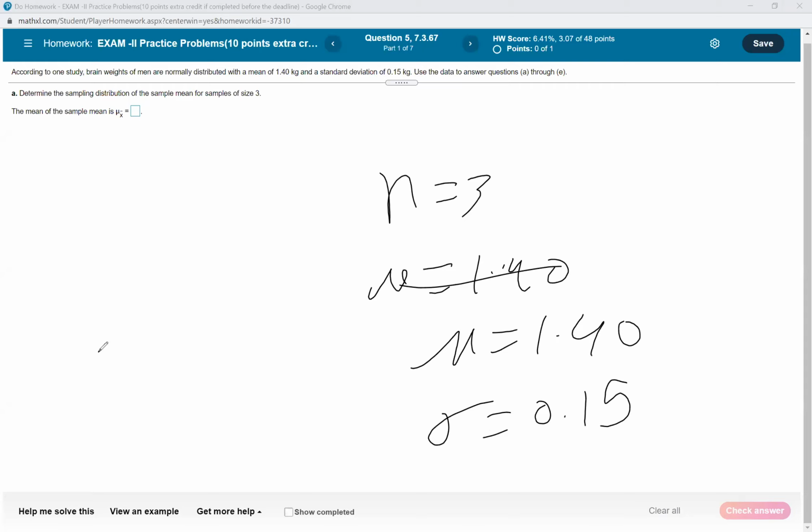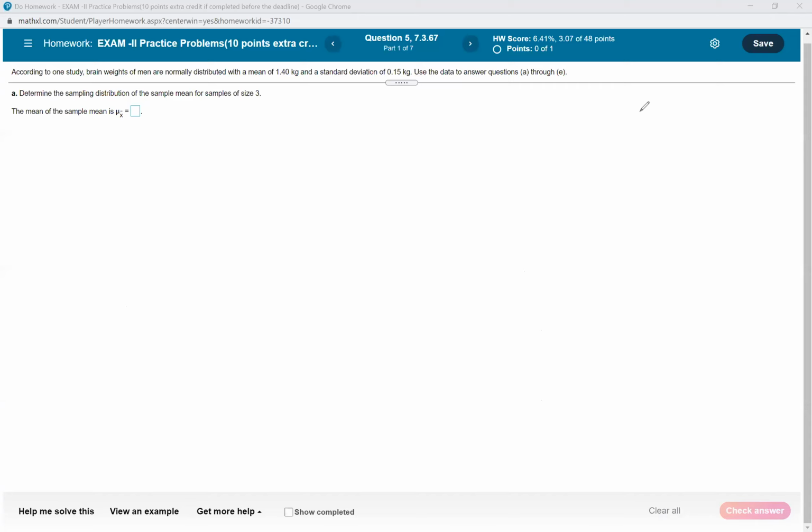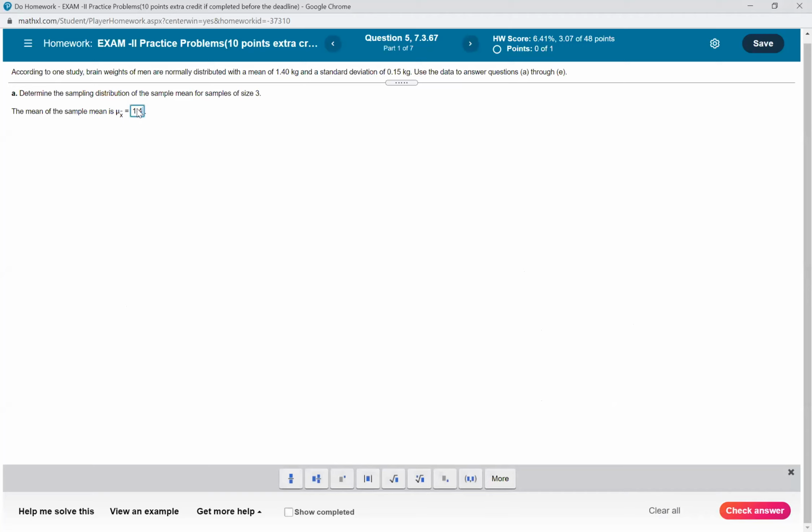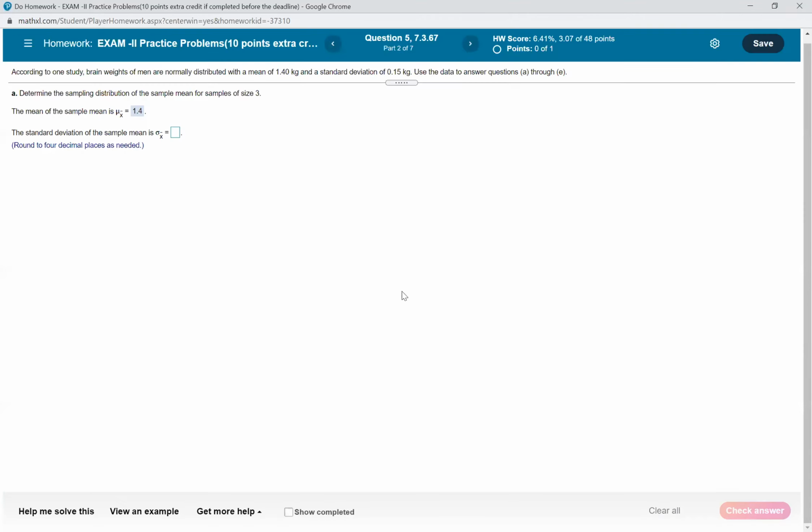So first we need to find mu x bar. This is equal to mu, so it will be 1.4, because we found this is 1.4. Next part is find sigma x bar. We know that sigma x bar is sigma over square root of n.